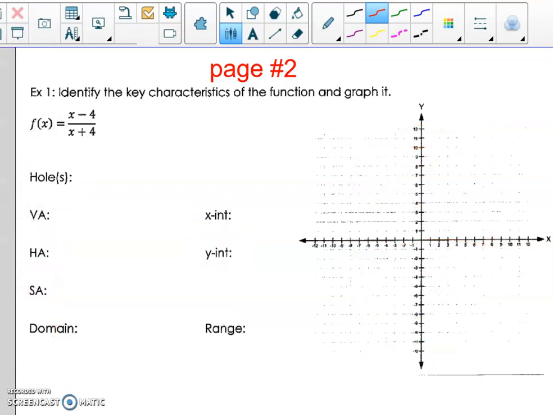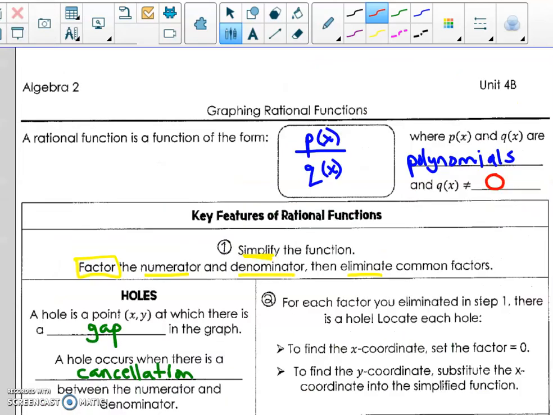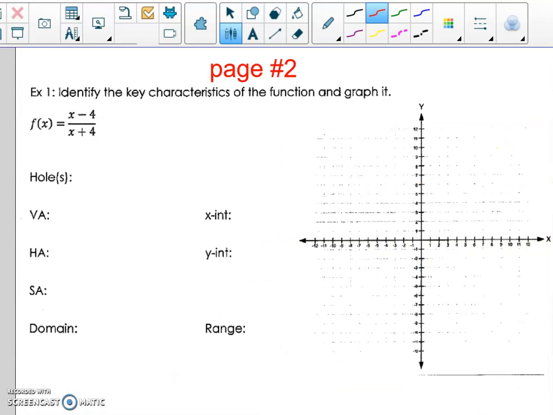So if we go back to holes, it says that we need to simplify the function, all right? So this is simplified. It can't be factored, you can't cancel anything. So because nothing cancels, you have no hole.